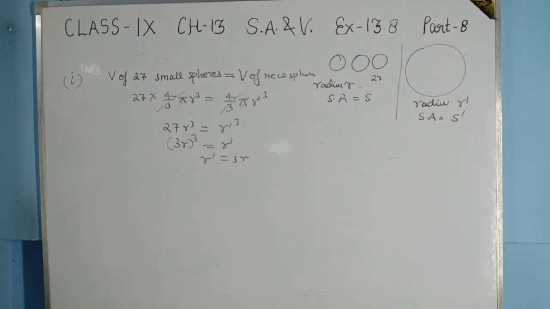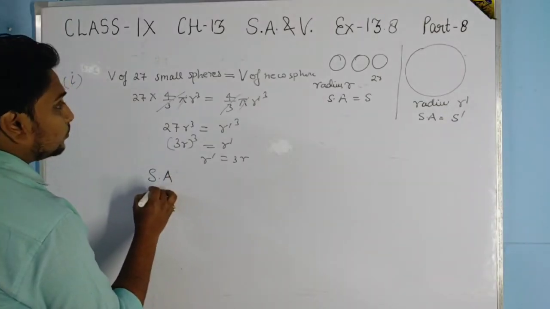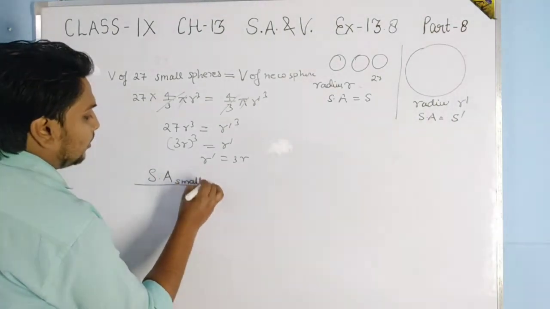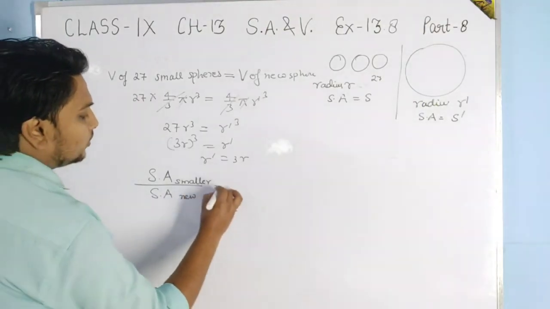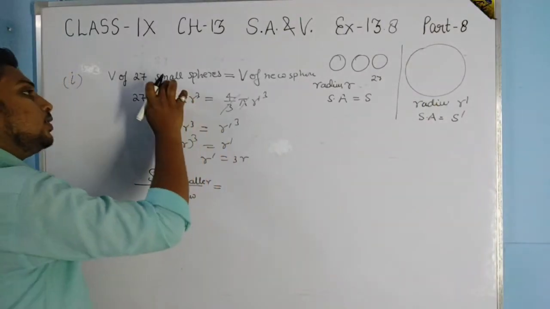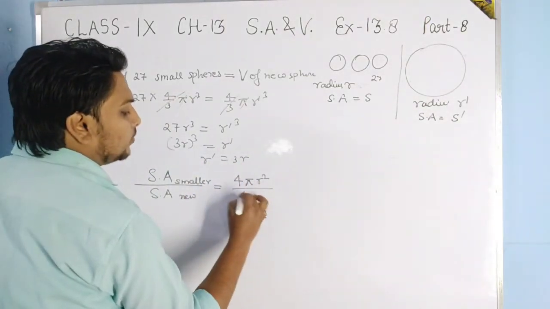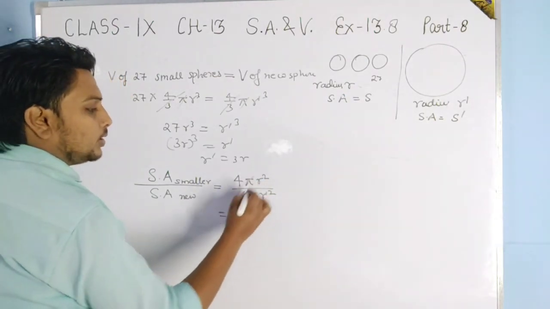The second part asks for the ratio of S and S dash, meaning the ratio of the surface area of the smaller sphere and the surface area of the new sphere which is formed. The surface area of the smaller will be 4 pi r square, and here it is 4 pi r dash square. 4 pi will be cancelled out.